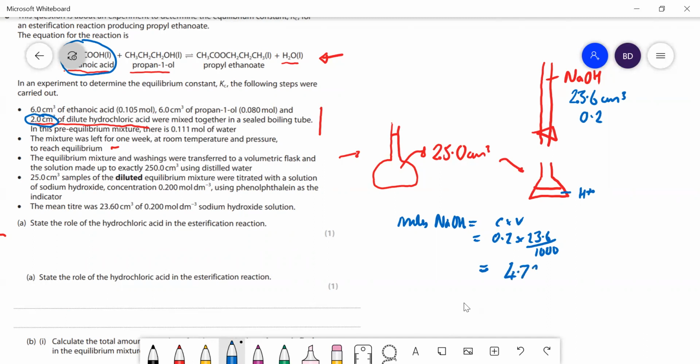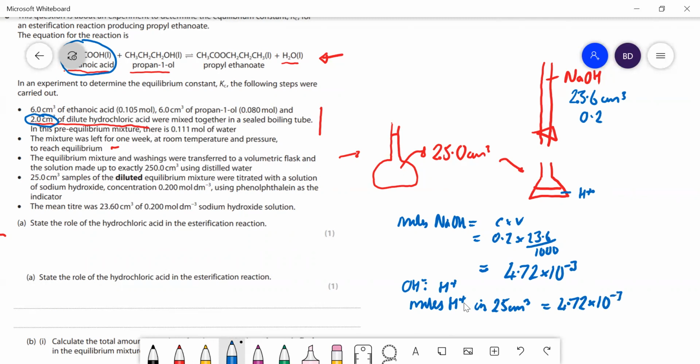Okay. Now, OH minus and H plus react in a 1-to-1 ratio. So the moles H plus in 25 is going to be the same as that, 4.72 times 10 to the minus 3.